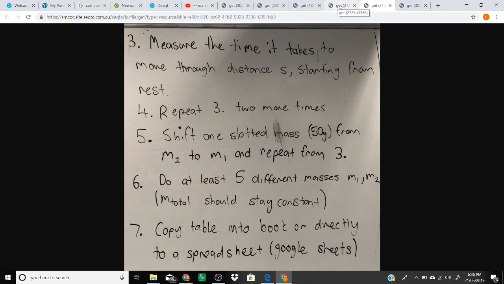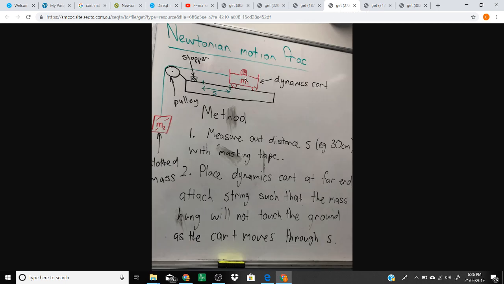Now, from what I've seen in the data I've gathered, a lot of people had the dynamics cart itself weighing 600 grams. They started with just a dynamics cart, and the other mass was about 400 grams, and they just kept moving masses from M2 to M1 after they'd done 3 measurements.